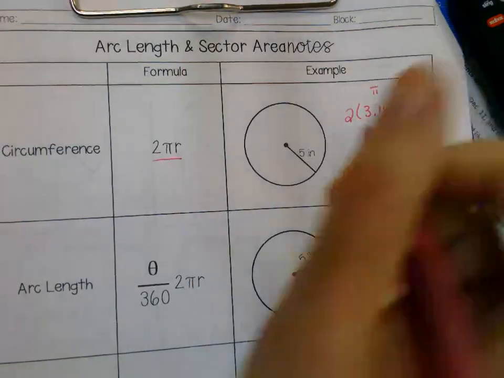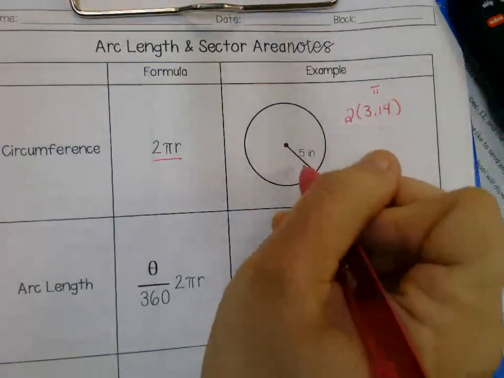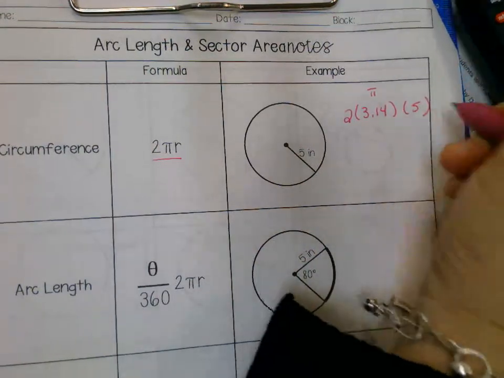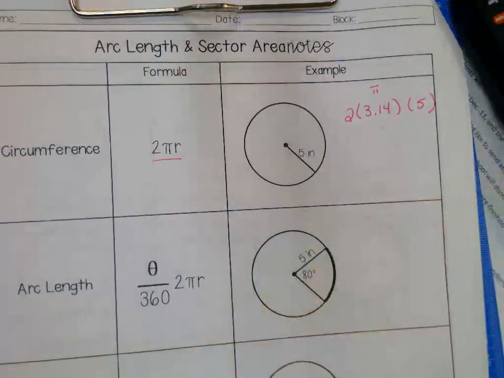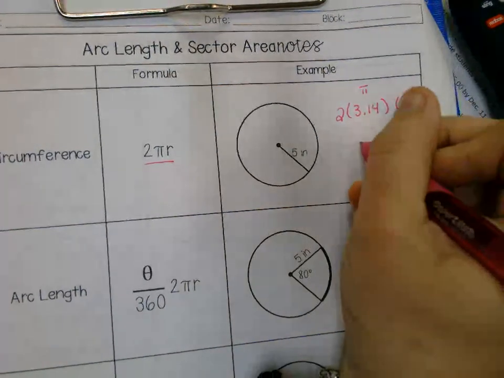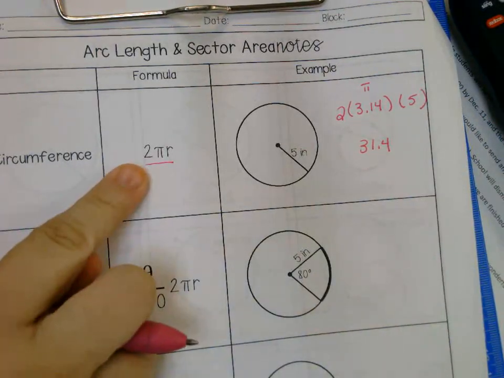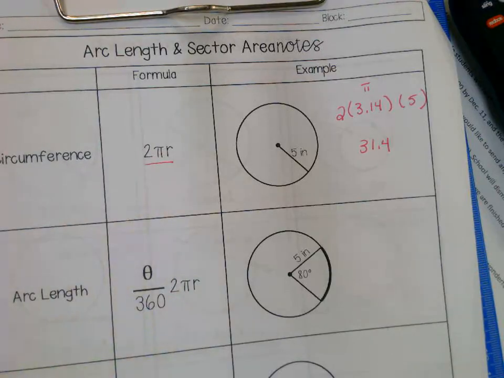And then I'm going to multiply that by my radius. The radius of this circle is 5. I'm going to do 2 times 3.14 times 5. So 2 times 3.14 times 5 is going to give me 31.4. So to find the circumference, I do 2 pi times the radius.